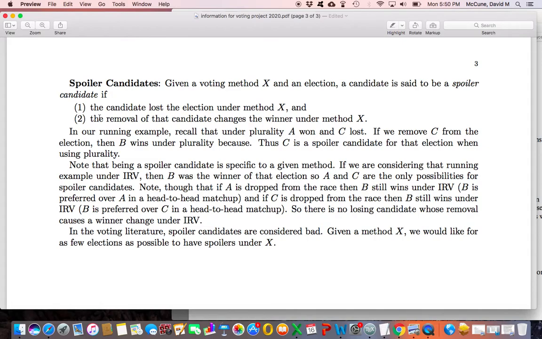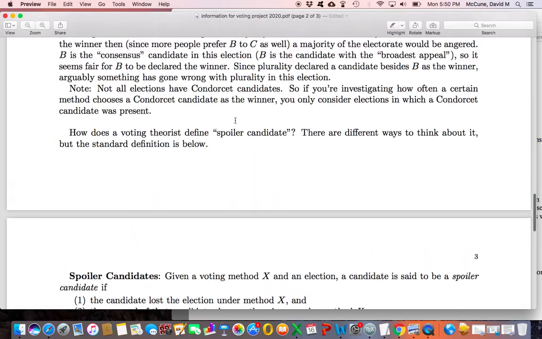Condition two is that if that candidate were gone, so if that candidate leaves, then you get a winner change. Let me put the two together: a candidate is spoiler if they lost, and furthermore, if you removed them from the election, that would cause the winner to change. So let me just go back to this example here.